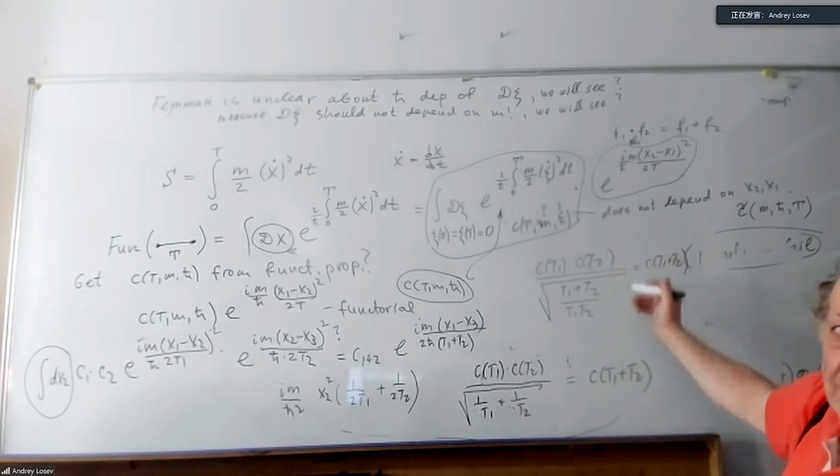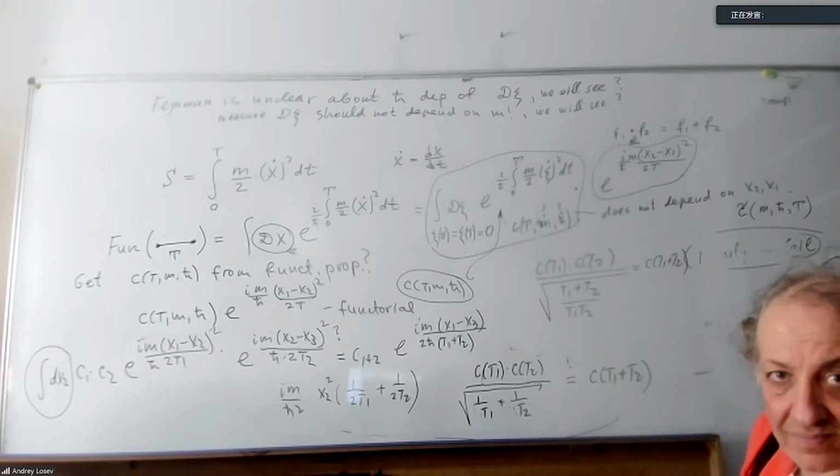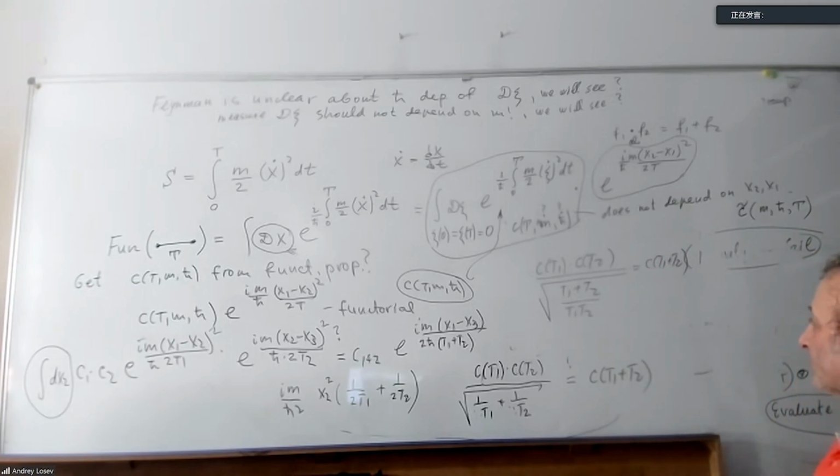So it's a functional equation. Not all functional equations have solutions. But now I can simplify it. I see that C of T1 times square root of T1, C of T2 times square root of T2 equals C of T1 plus T2 times square root of T1 plus T2.